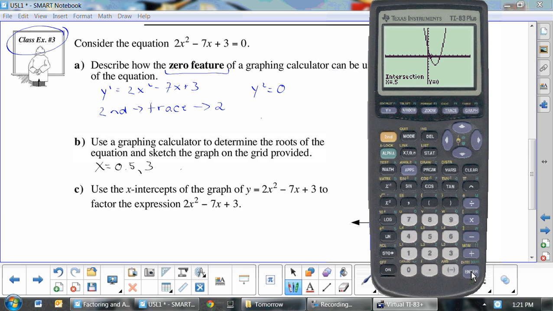you get 0.5. But that's only this intercept, right? And we can see there's another one right there. So you do the same thing, except you want to move your little blinker close to it because it's going to calculate the one that it's closest to. So you want it right next to it, or else it's always going to just jump to the one it's closest to.